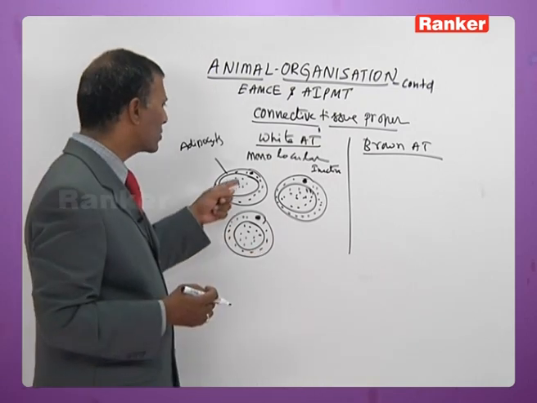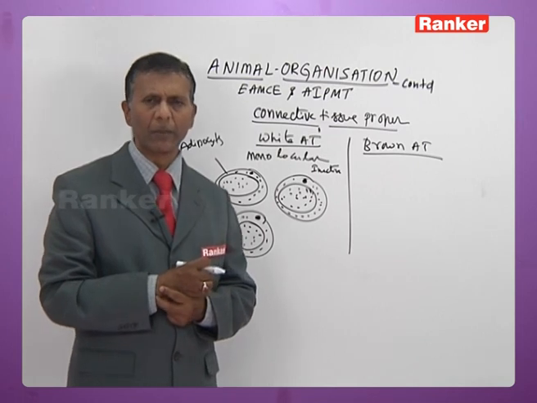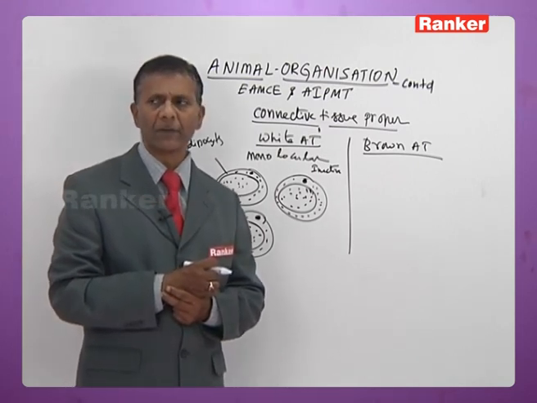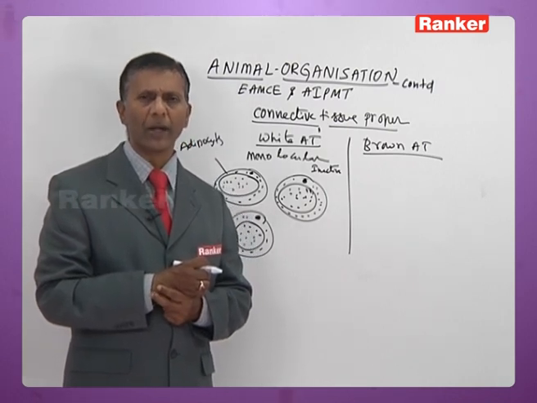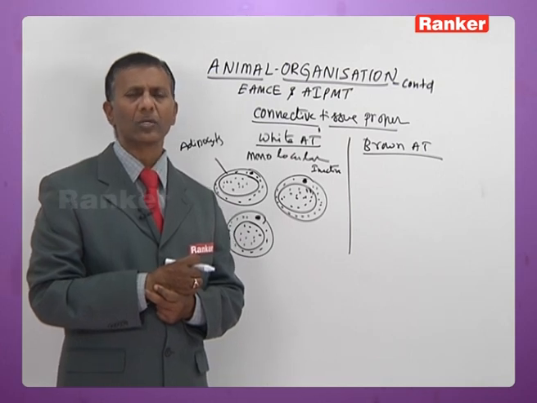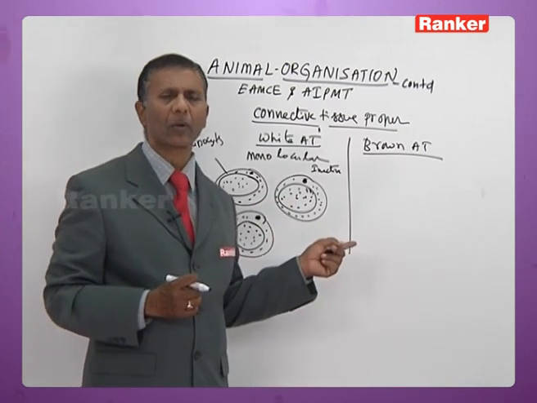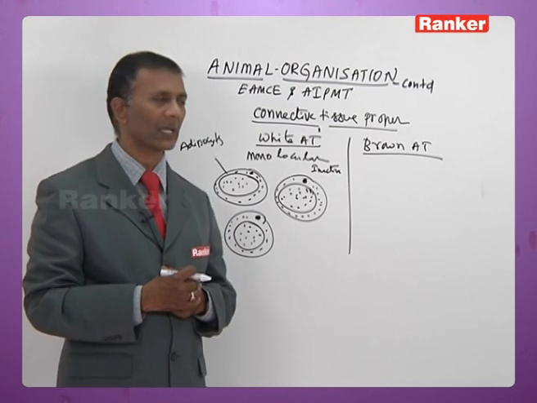So the main function of white adipose tissue is generation of ATP molecules. In exigency, when the body does not get a sufficient amount of ATP from glucose, the body relies upon the adipose tissue for the generation of ATP, because all the mitochondria are with cristae.